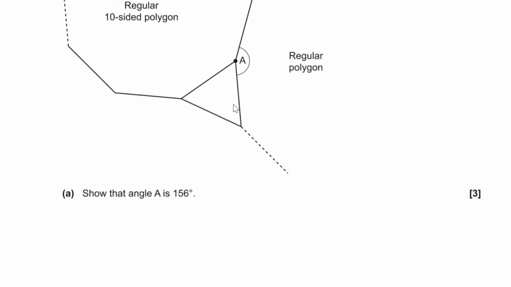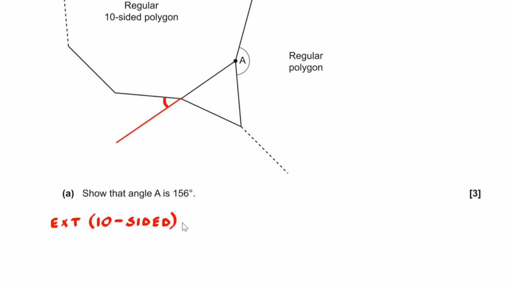Now, before we do anything else, what we can do is extend the line here and then find out the exterior angle of a regular 10-sided polygon.